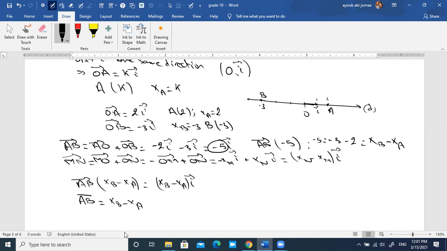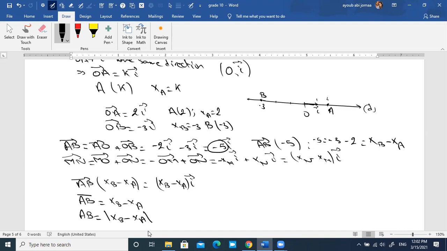The magnitude of AB is the magnitude of this vector, which is equal to xb minus xa in absolute value. When I say magnitude, or the distance from A to B, it can't be negative. It is the absolute value of the algebraic measure of AB.